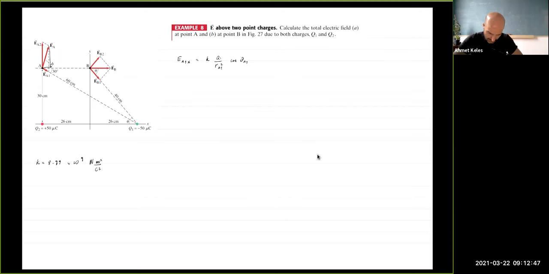And cosine theta is this angle. So I've calculated this and multiply with cosine to get that one.